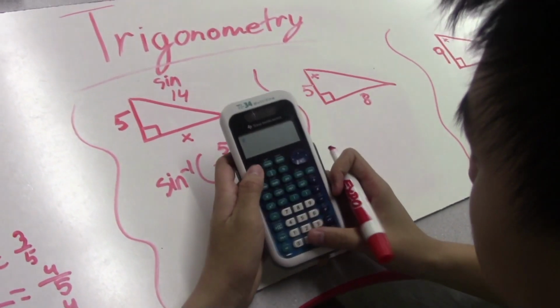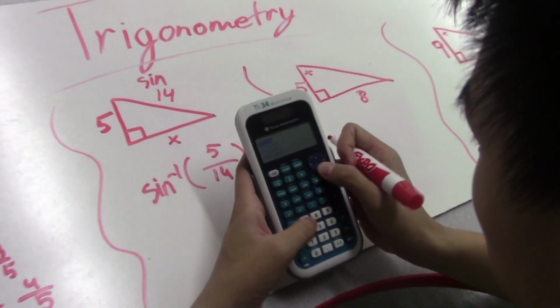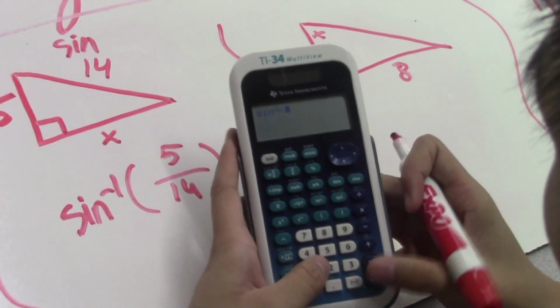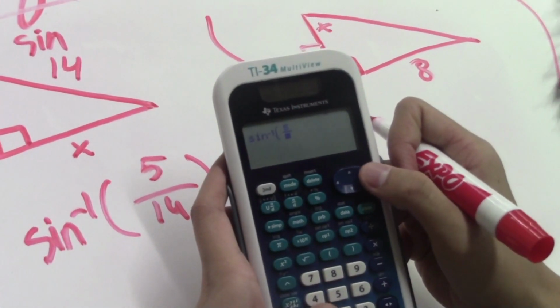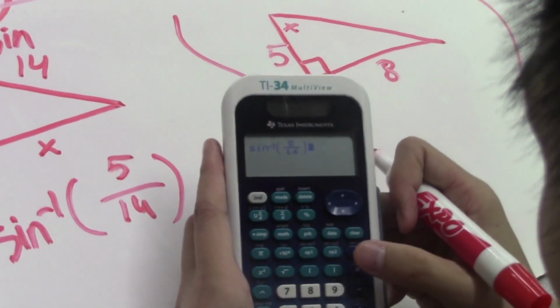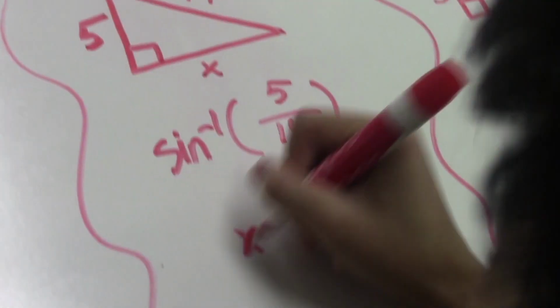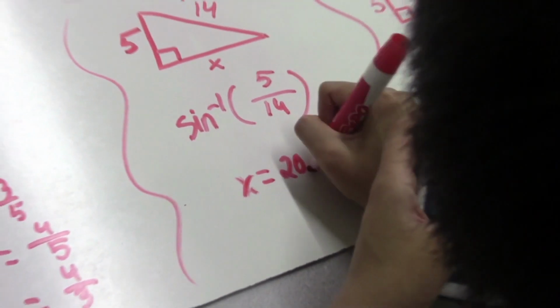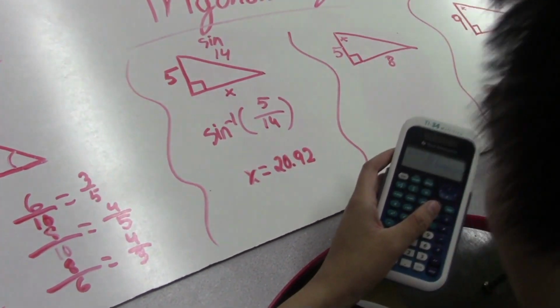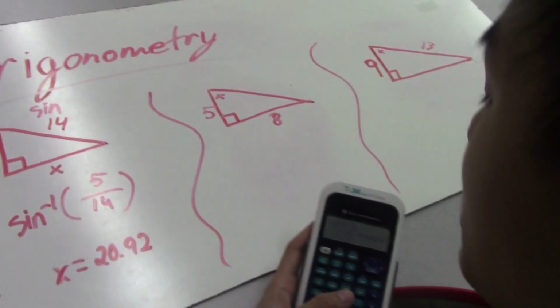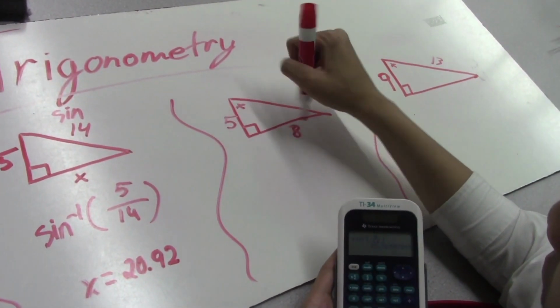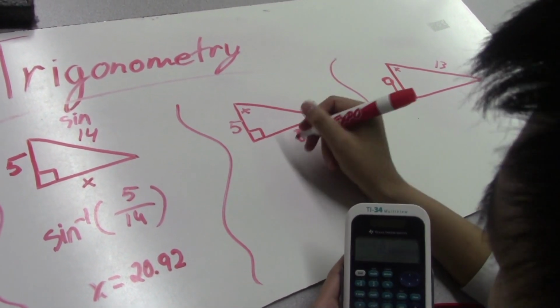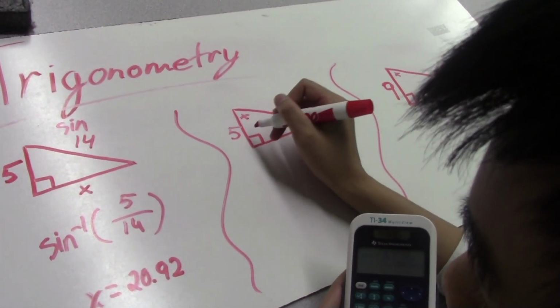And then you go in here, second, go to the inverse, and then you plug in 5 over 14, so you should get x to equal 20.92.